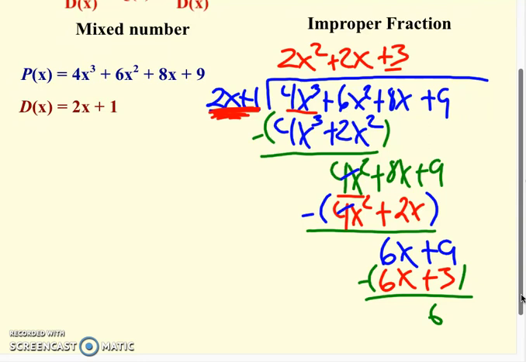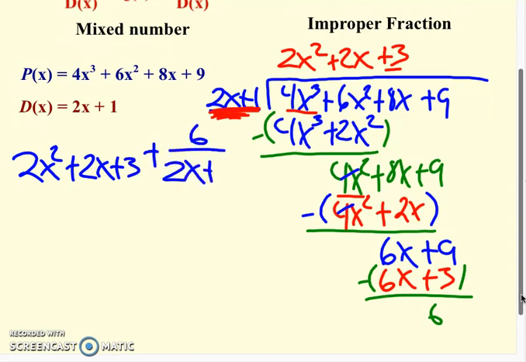Now, to get to the final answer, how I'm writing my answer. So here's the mixed number version of the answer. I've got 2x squared plus 2x plus 3 plus my remainder over my original divisor. That is a mixed number, just like saying 62 and 2/5. I mean, that's the same exact visual for what we've got there. When you go to improper, again, think about how you do it.